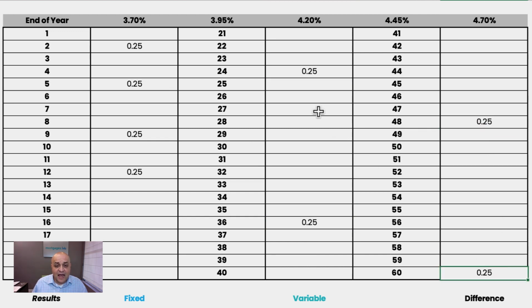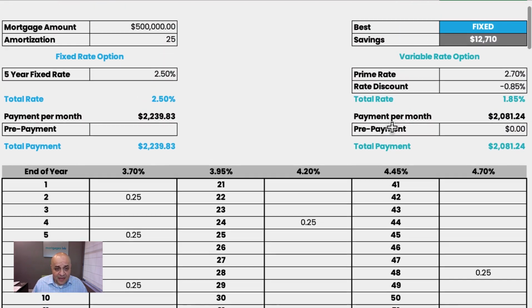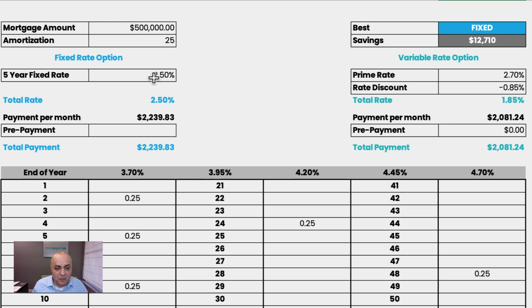So we have another 4 increases, 1 time per year for the next 5 years. If that happens, and you have a decision to make between a 2.5 interest rate on a fixed rate and a 1.85 on a variable, the winner is the fixed rate. It would be better off for you to take the fixed rate from the beginning versus waiting for all these rate increases to happen.